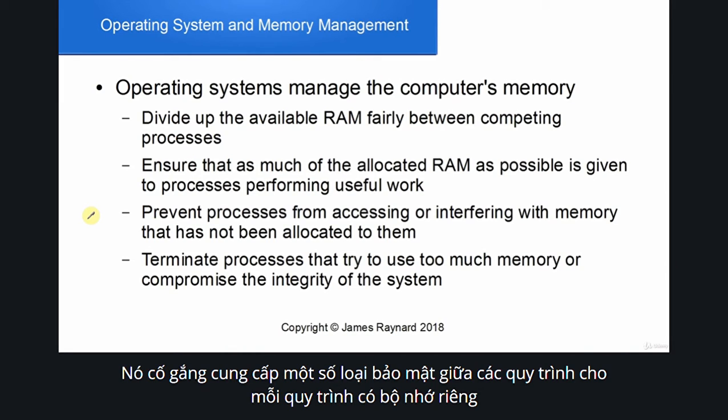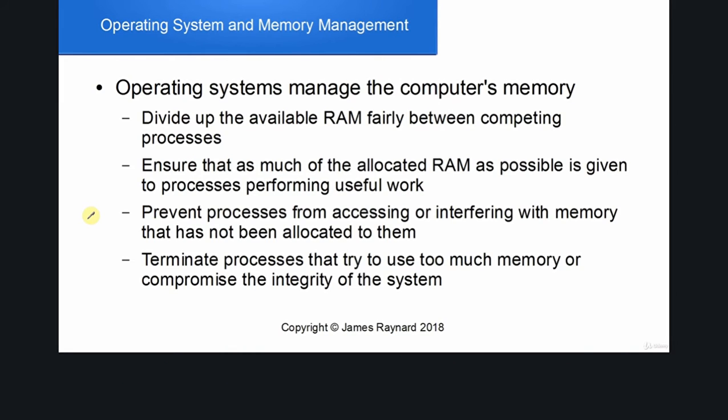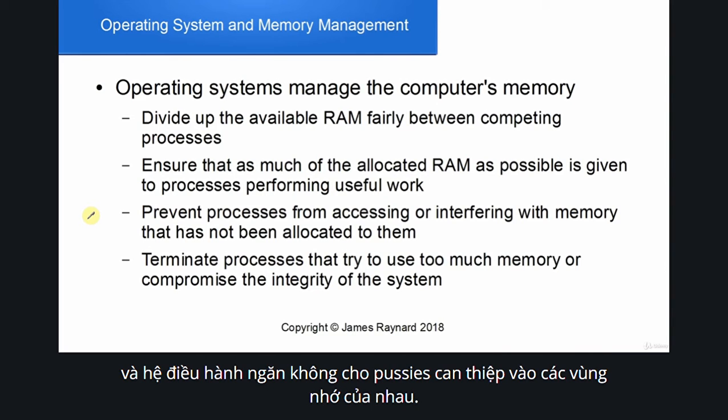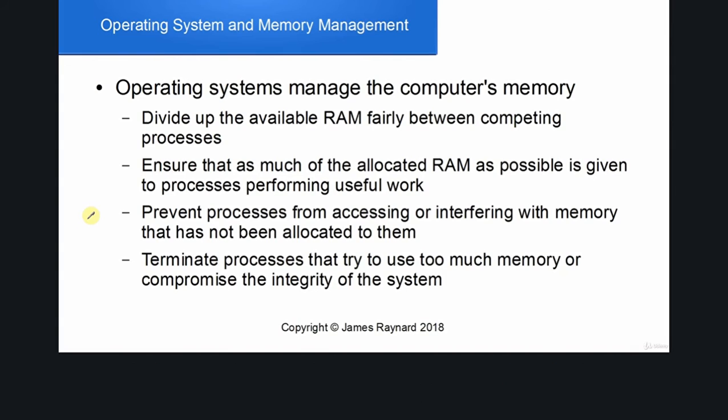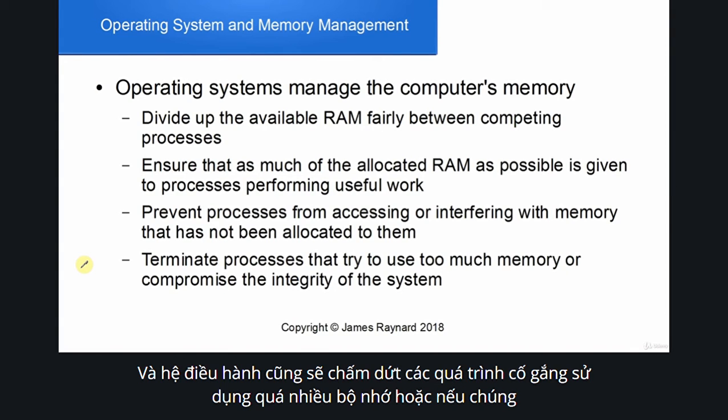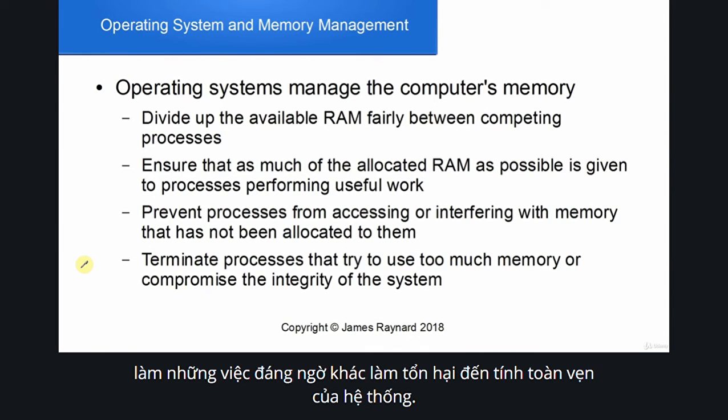So each process has its own area of memory, and the operating system prevents processes from interfering with each other's memory areas. And the operating system will also terminate processes that try to use up too much memory, or if they do other dubious things that compromise the integrity of the system.